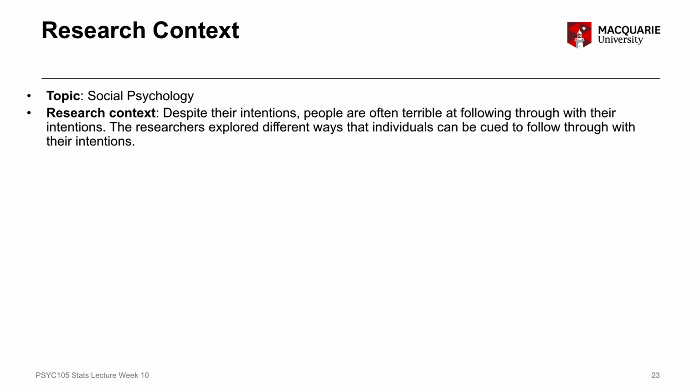So the context here is thinking about people's intentions to do something like, say, a New Year's resolution, going to the gym, eating more healthily, anything like that, and trying to understand whether the kind of cues that you could give people, particularly in the form of reminders for this particular experiment, can increase their chance of following through with a particular behaviour.